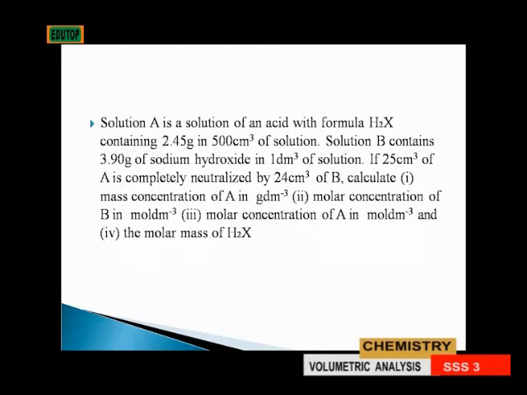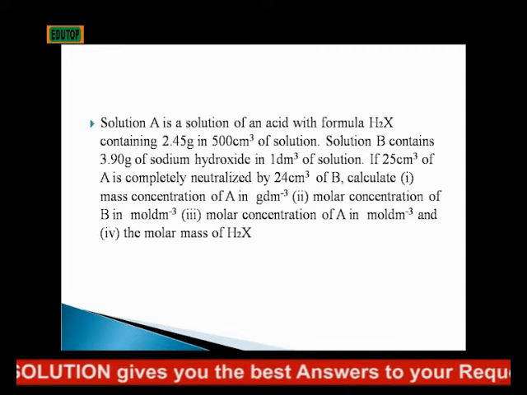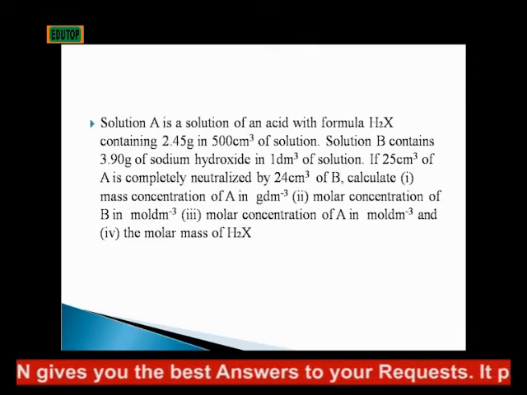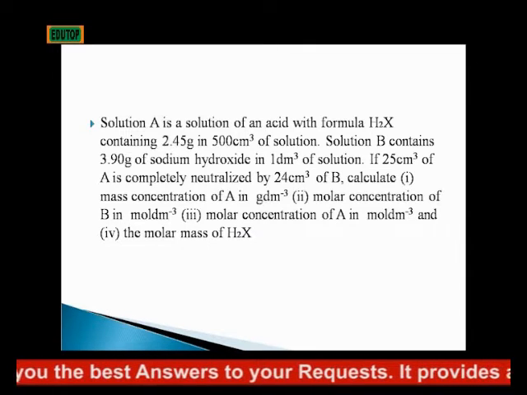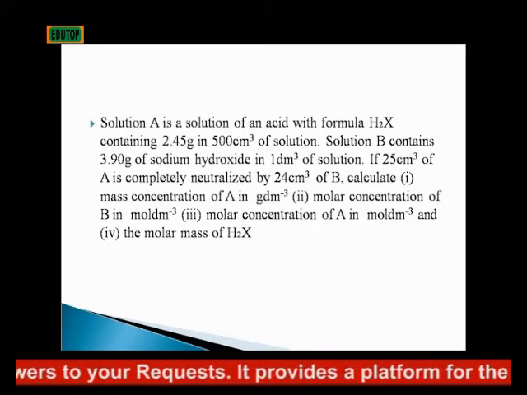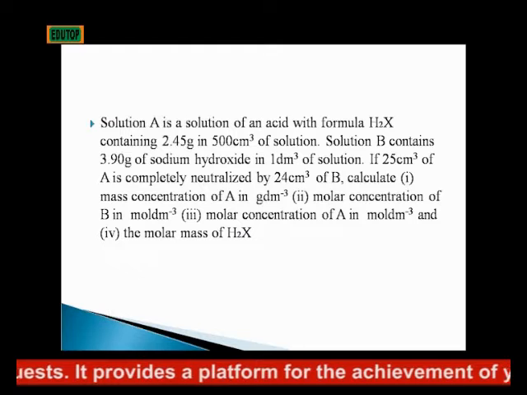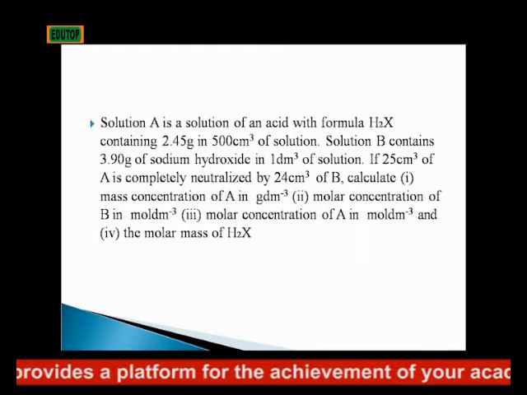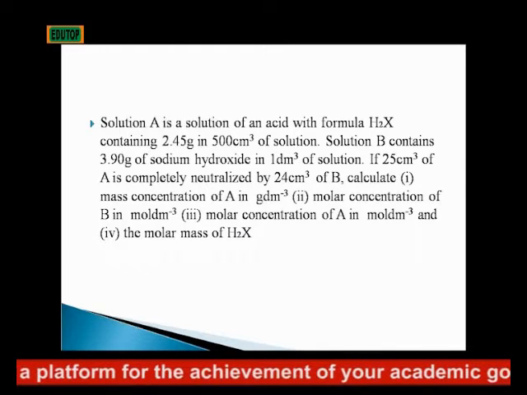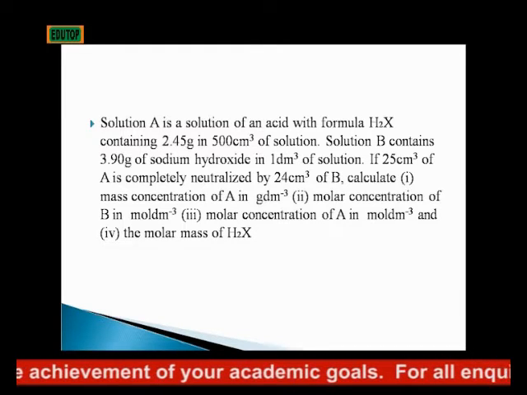Mass concentration of A in gram per dm cube. 2. Molar concentration of B in mole per dm cube. 3. Molar concentration of A in mole per dm cube. 4. The molar mass of H2X.